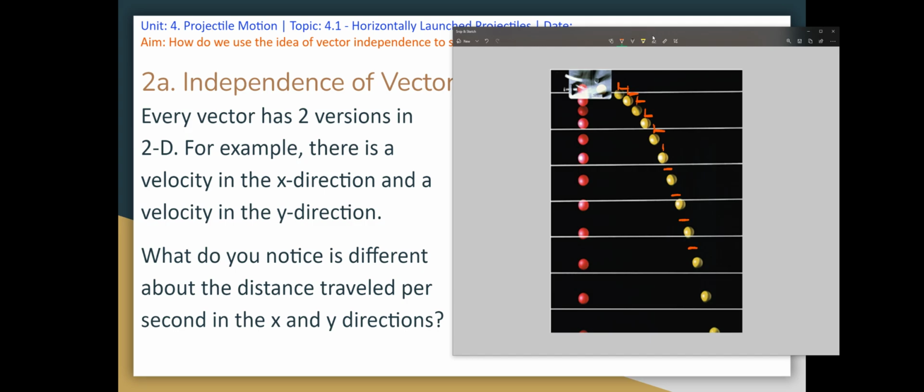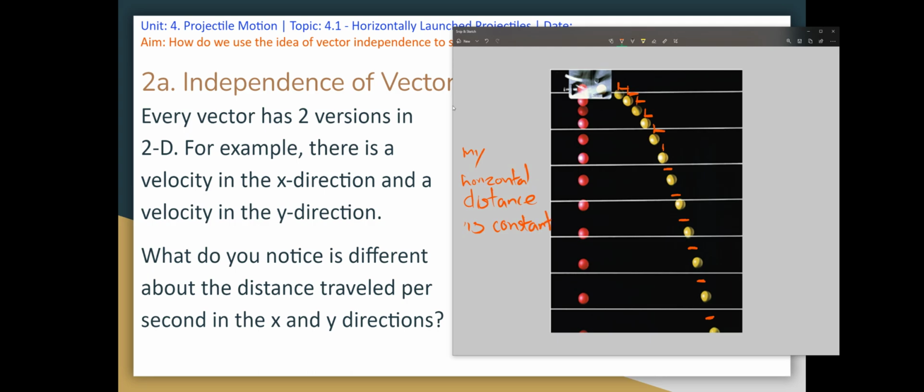And you'll see that my horizontal distance traveled each second is essentially the same. It's constant, right? My horizontal distance is constant.